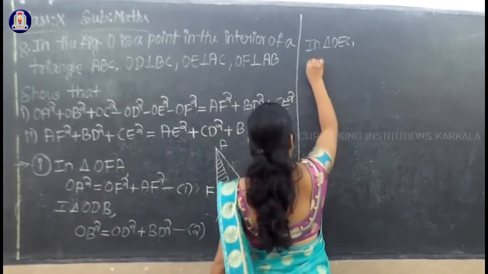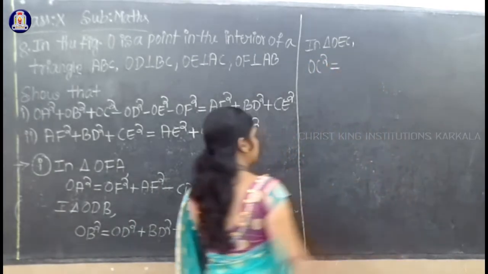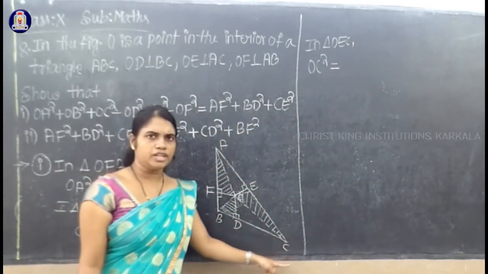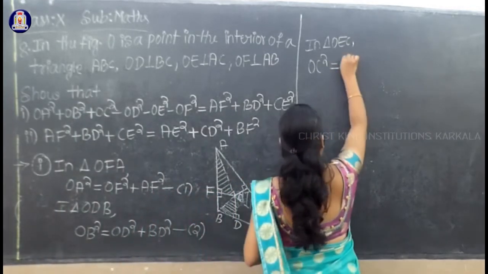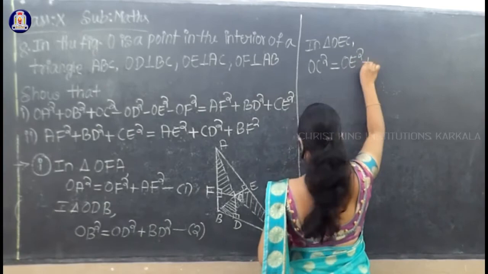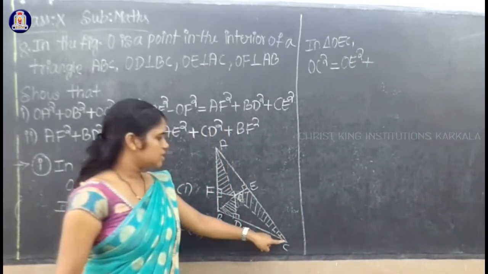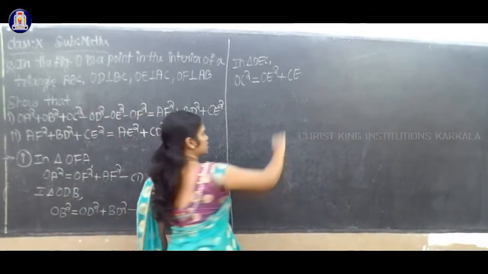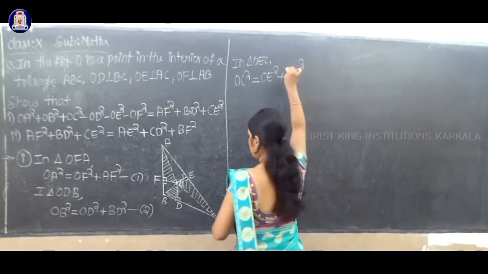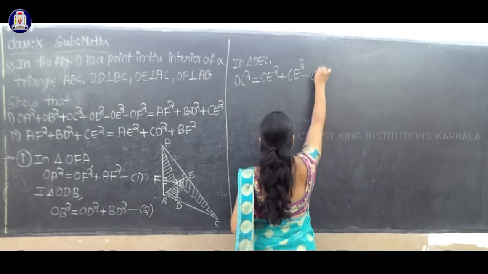After applying the Pythagoras theorem, I get the square on this hypotenuse, that is OC square equal to OE square plus CE square. I will consider it as equation number 3.